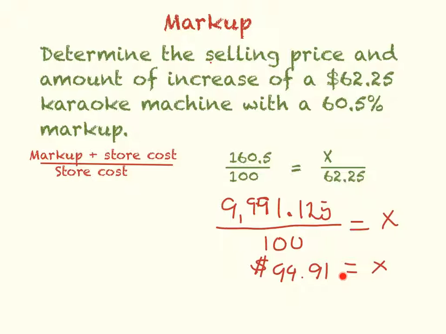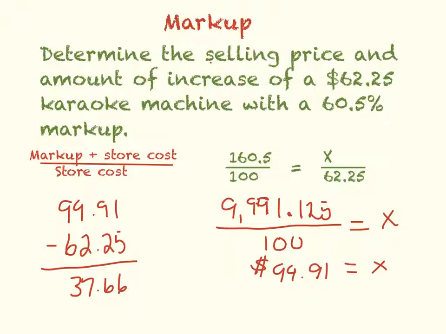If I wanted to know what the amount of increase was, I would find $99.91 minus the original amount of $62.25 and find out what that was equal to. And that gives me $37.66. So this is your increase.